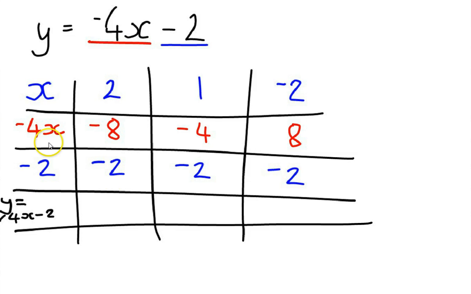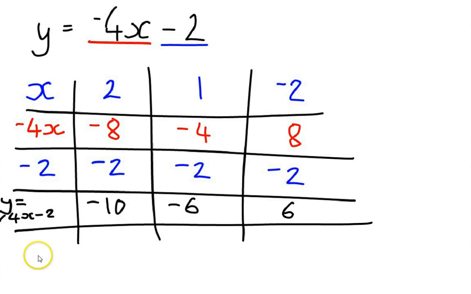Okay, so what we're going to do is add these two columns together. Negative 8 minus 2 will give me minus 10. Negative 4 minus 2 gives me minus 6. And 8 take away 2 gives me 6.